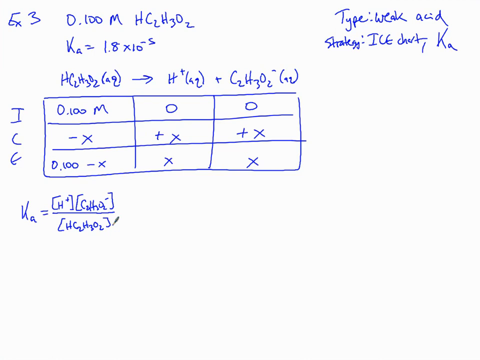And we can plug in the numbers or the variables that we have. So the Ka was given to us, 1.8 times 10 to the minus 5th.